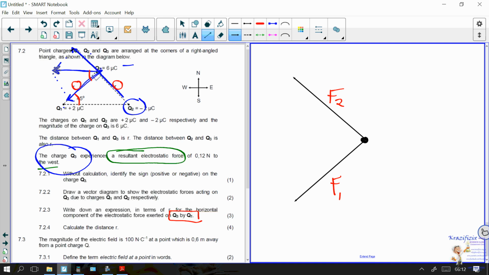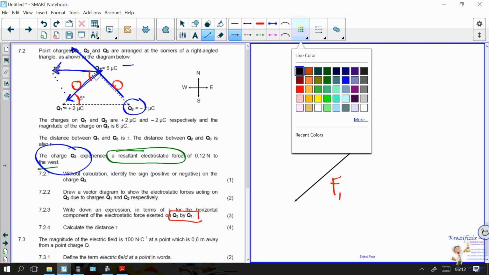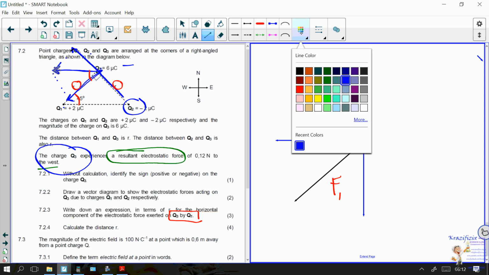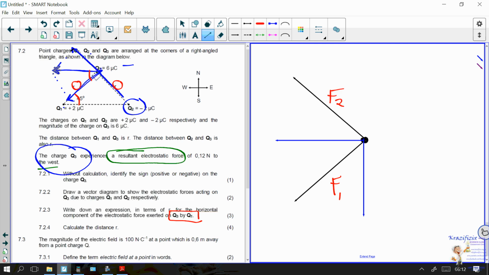If I were to find my component, let's quickly check my F1x, remember what we said. Let me try to use something else for F1. So I'm going to have F1y here, my component, and my F1x there. All right, good. That is F1. What will I have for my F2? My F2 is going to be vertical, the resultant now, and I'm going to have that there again.